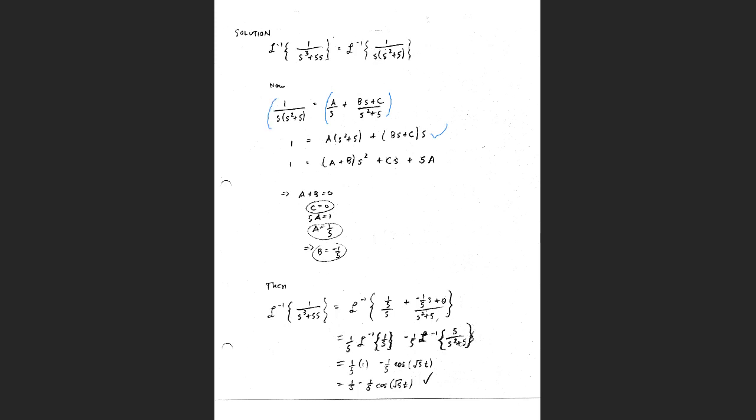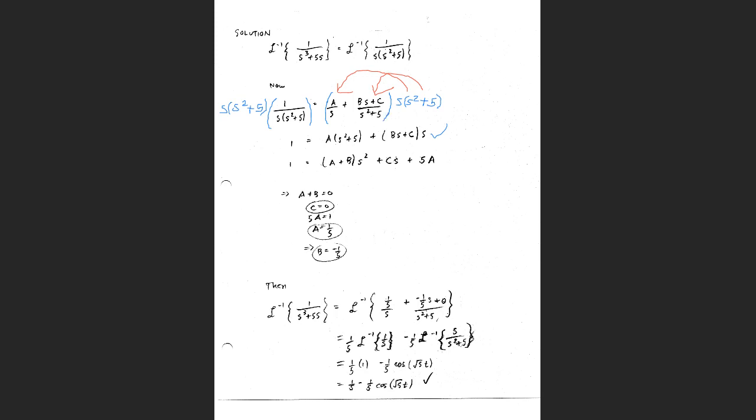I'm taking both sides of this rational equation and multiplying it by s times s squared plus 5. Obviously, you're going to distribute the s times s squared plus 5 to both of these terms.